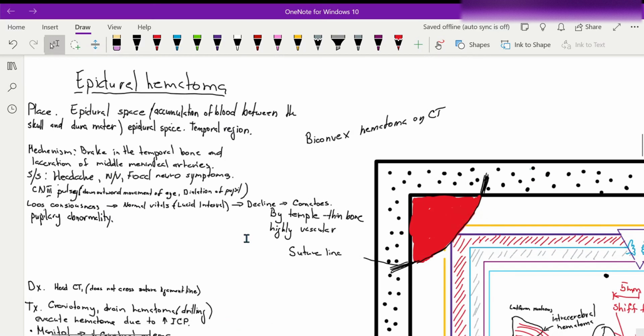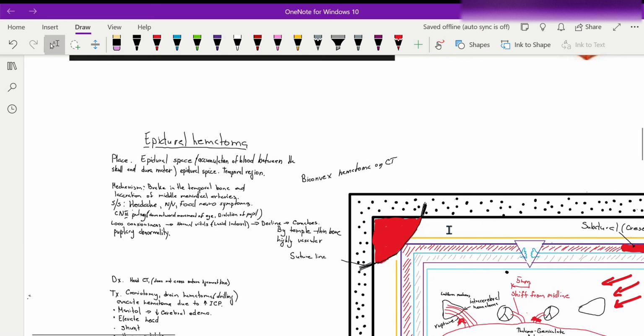Epidural hematoma can occur in patients who were, for example, in an automobile accident, and they hit their temple where the bone is thinnest, and also there's a spot near the foramen spinosum that has an artery running through.